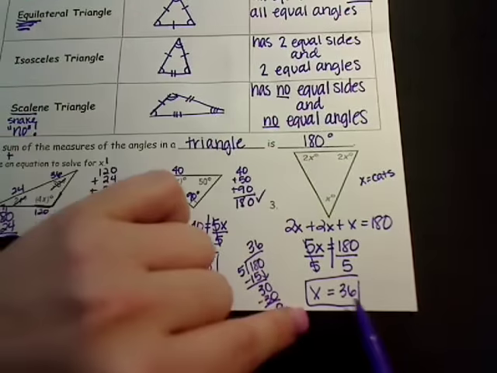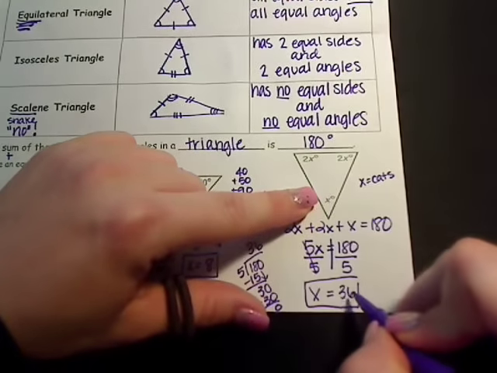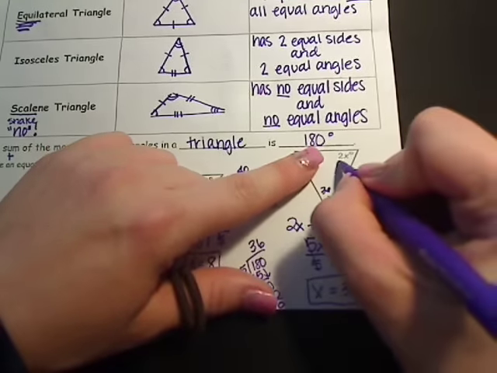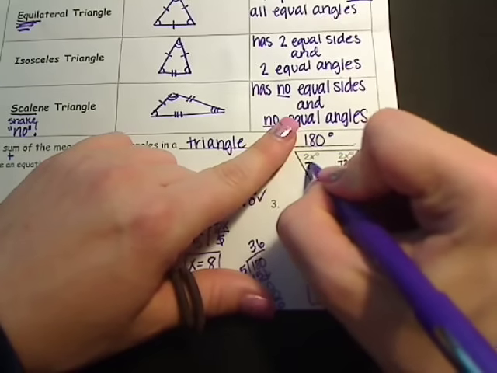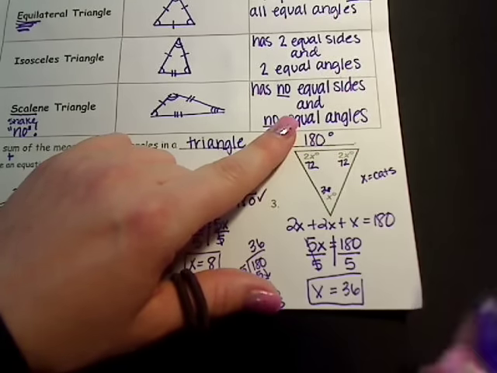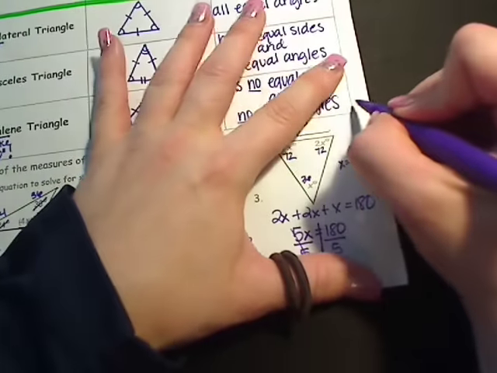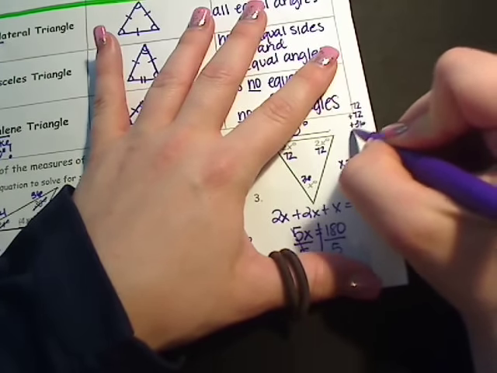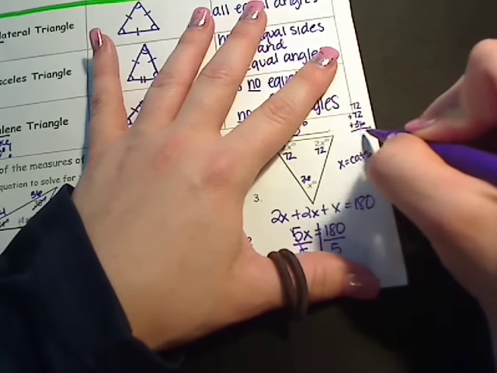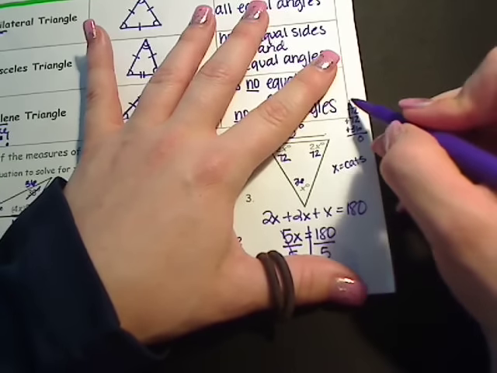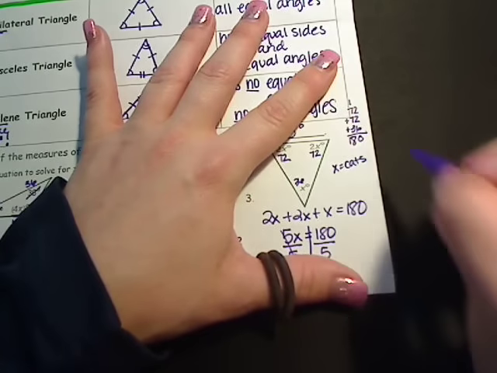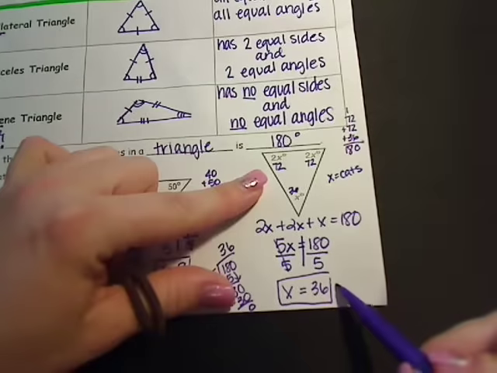So we could go and plug these in. So this is x, so that's 36. 2 times 36 is 72. That means both of those are 72. Well, let's add them together just to make sure. 72 plus 72 plus 36. 2, 4, that's 10. That's 8, and 7 is 15, and 3 is 18. So yes, I did it right.